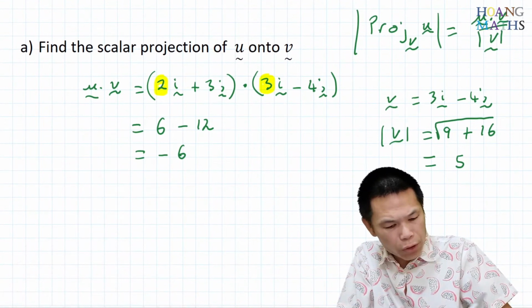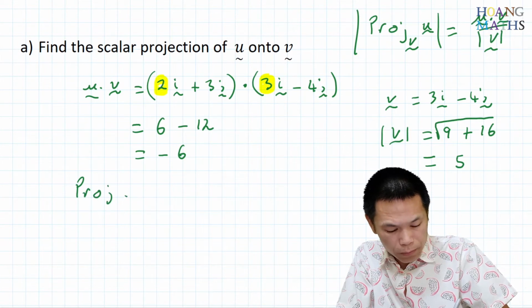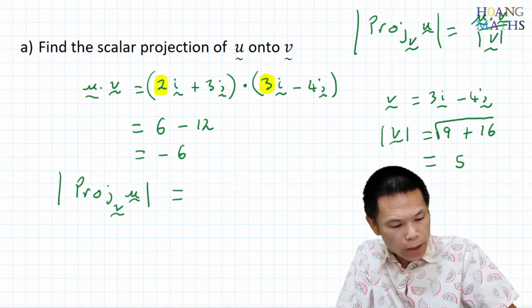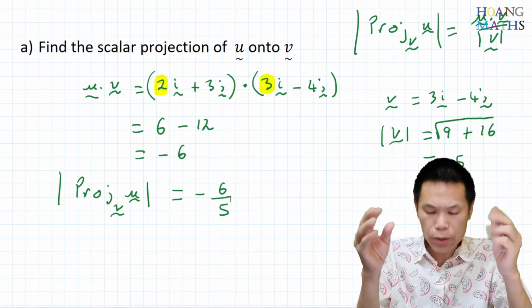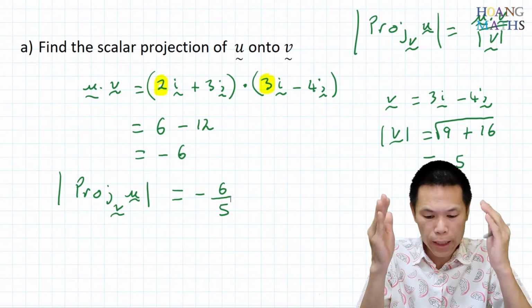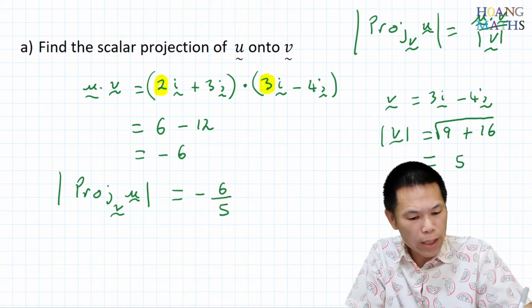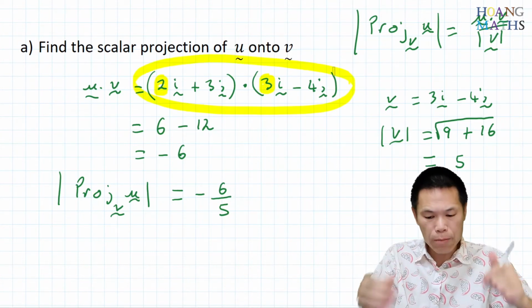The scalar projection of u onto v is equal to u dot v, negative 6, over 5. And please take note, the scalar can be either negative or positive, depending on the dot product of u and v. So please keep that in mind.